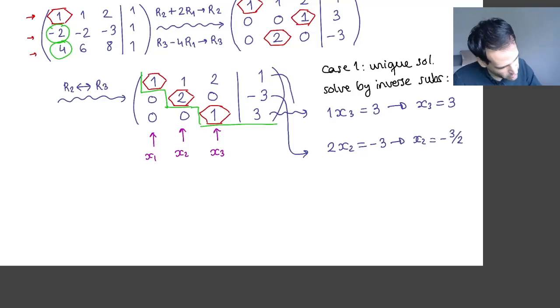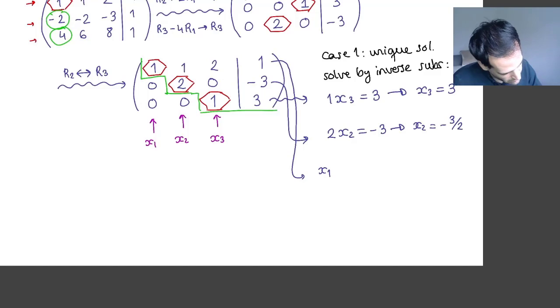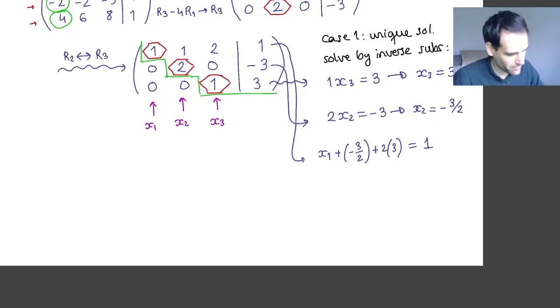And then the first row is telling us that 1x1 plus 1x2, which is equal to minus 3 halves, plus 2x3, which is equal to 2 times 3, which is 6, equals 1. That's the first row, having substituted the solutions that we already got.